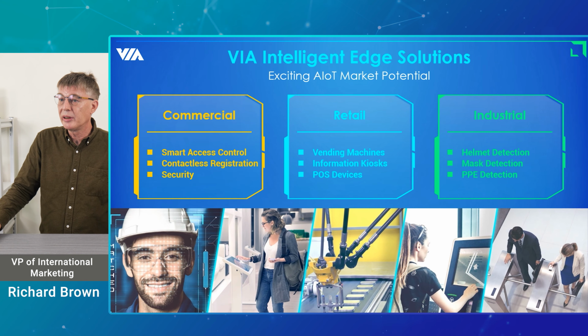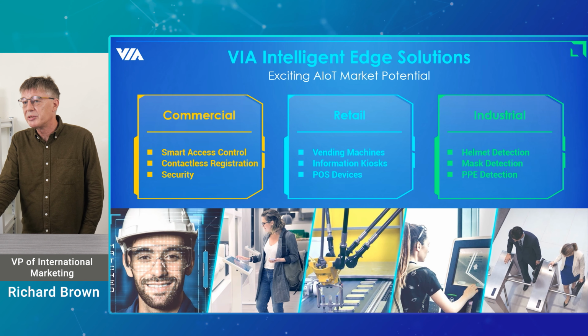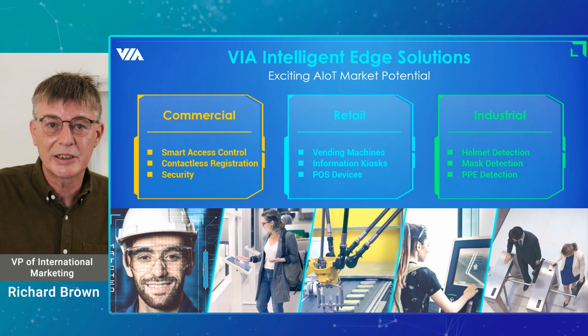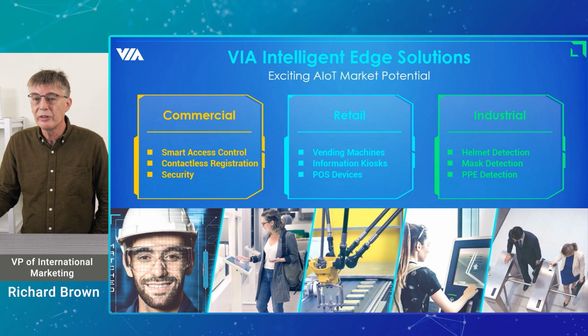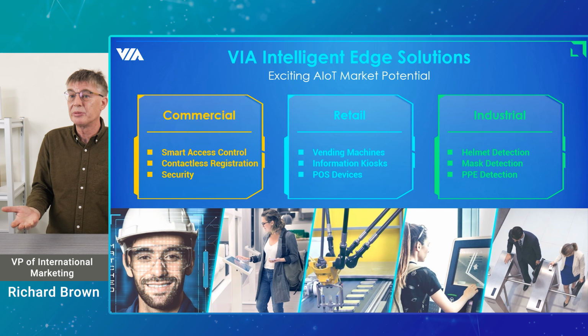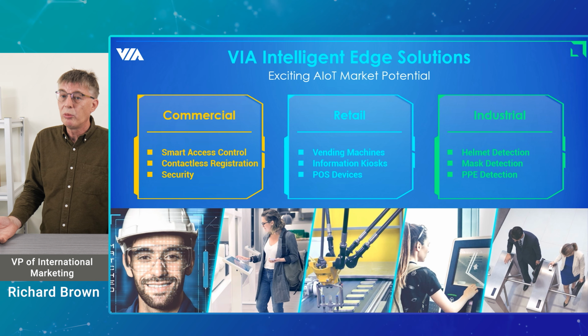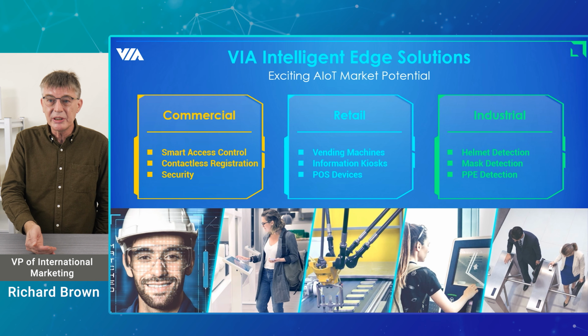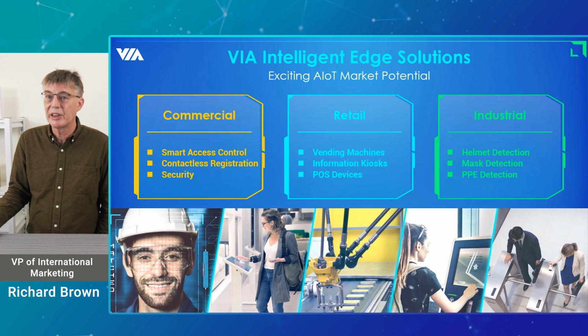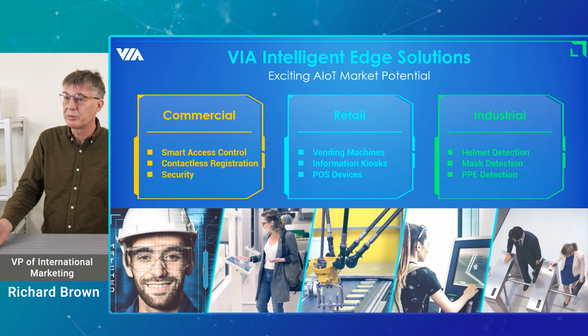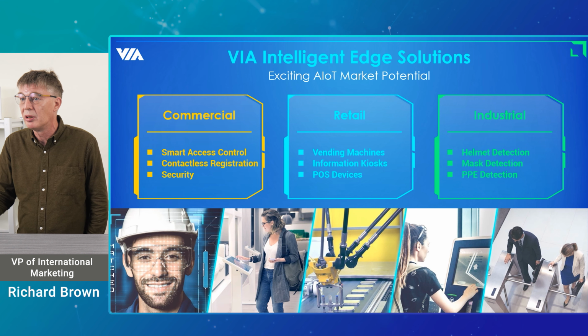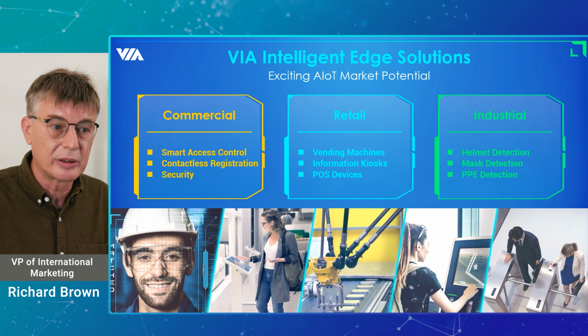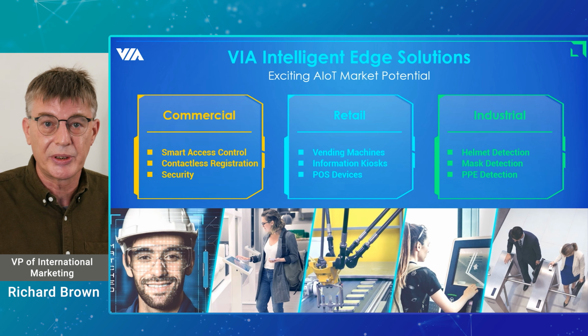So overall, we think the intelligent edge market, there's been a lot of talk in the last few years about its growth, but so far I think actual implementations have been quite limited. What we're seeing now though is increased interest in a lot of different segments, whether it's commercial, retail, or industrial. And so we believe that the market is going to grow very rapidly in the next 2 or 3 years.